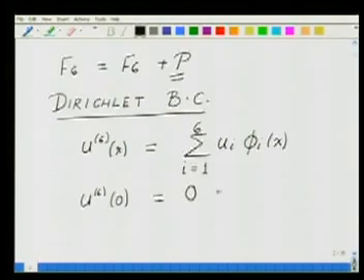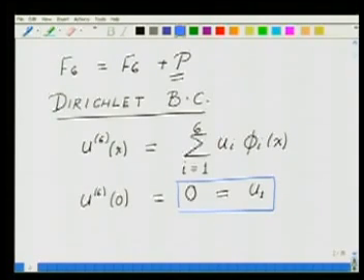So, this is equal to u1. So, this condition has to be explicitly imposed in the solution.